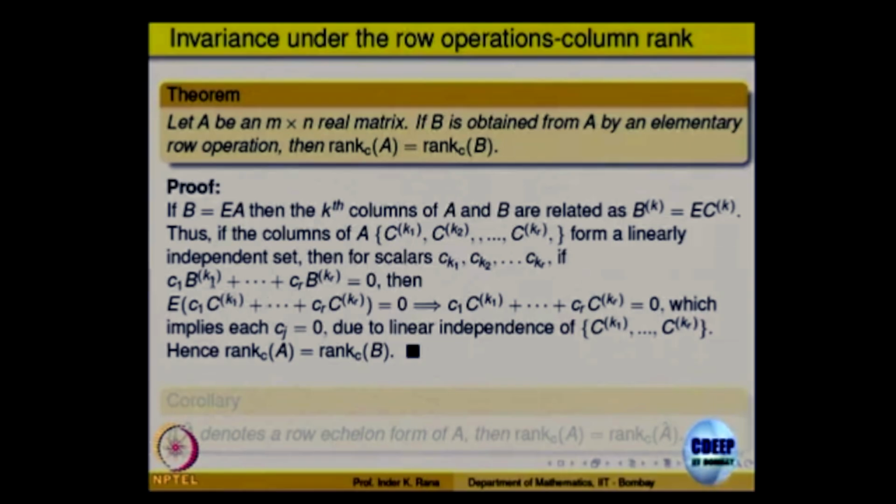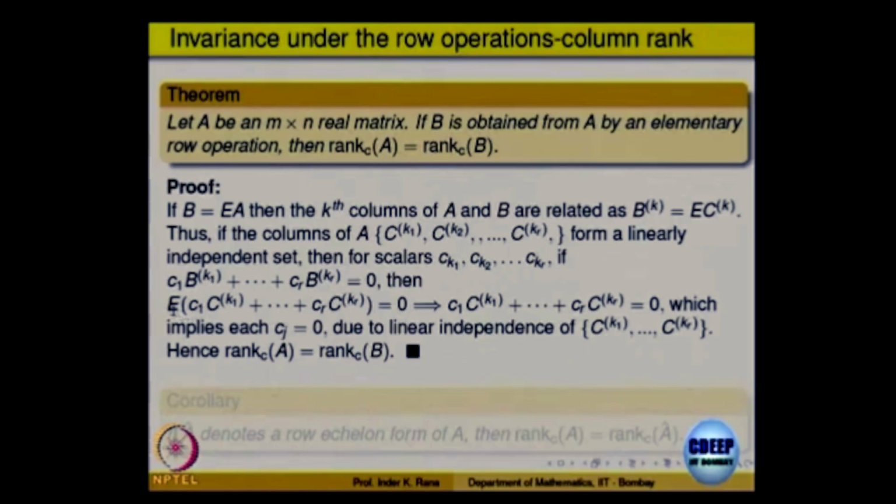They are obtained from the corresponding column of A by pre-multiplication by the elementary matrix. The kth column is E times Ck. So put that value. So E is taken out, right? Distributive property of matrices.